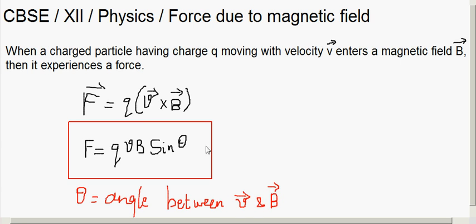Now we will discuss different cases, like what happens to the force if theta is 0, theta equal to 90 degree, and what are these cases.